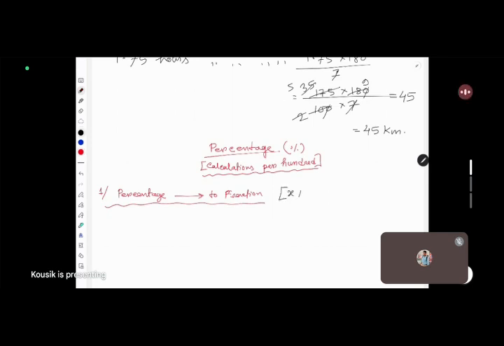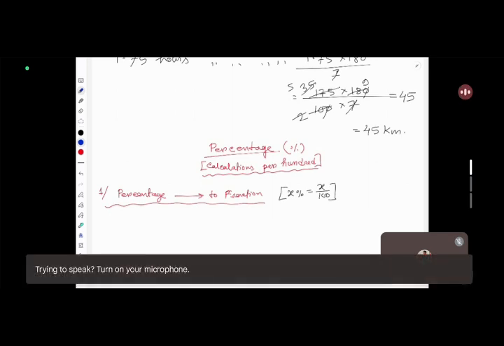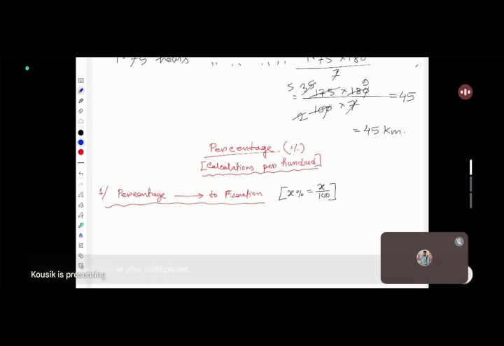X percent is equal to X by 100. Percentage and fractions are similar. In case of percentage, it means out of 100, and in case of fraction it means out of 1.